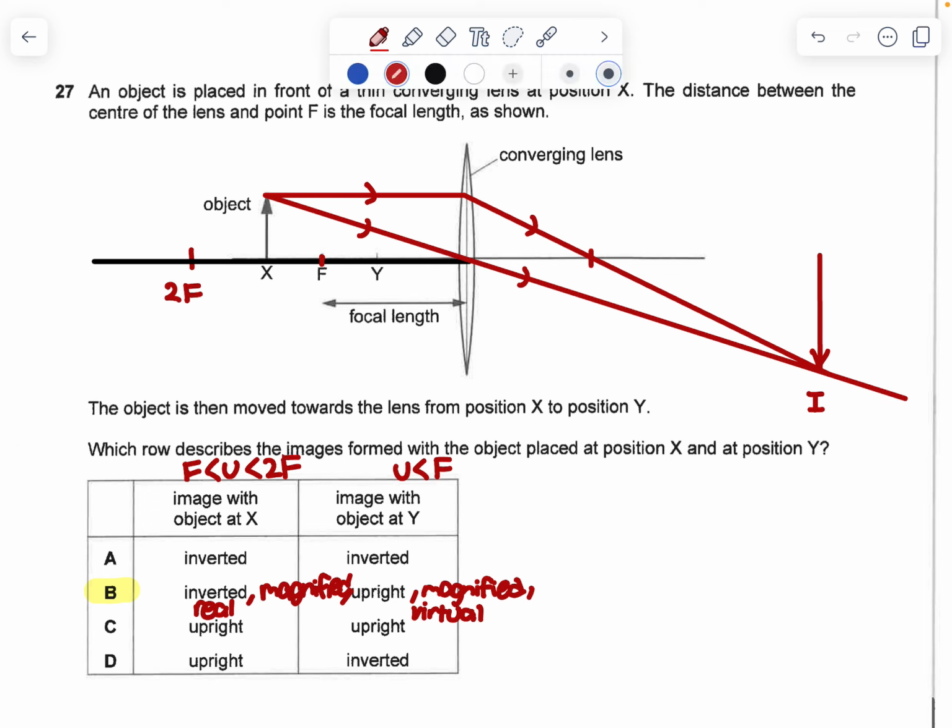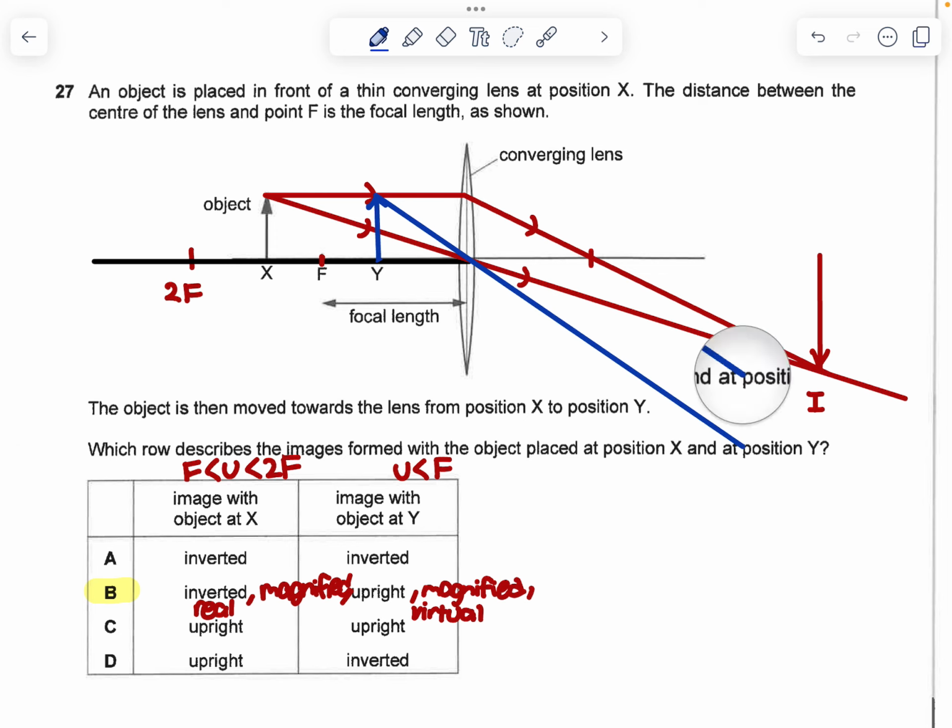Okay, now if the object is moved to Y, same thing, you have the first line here. Then you will have the second line that touches the converging lens, like this. You realize that it doesn't converge.